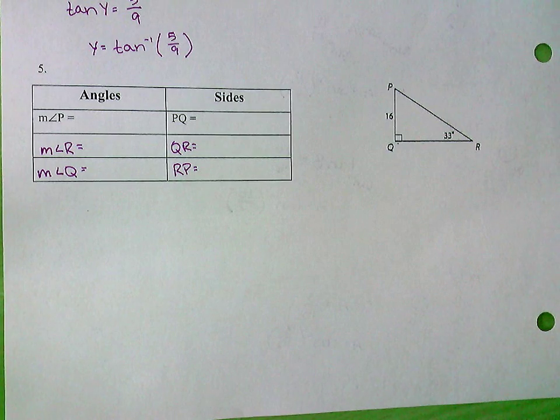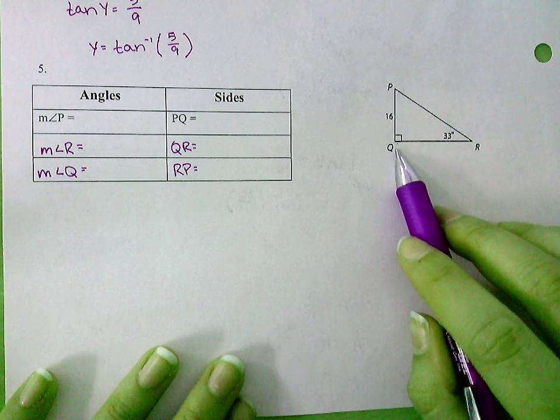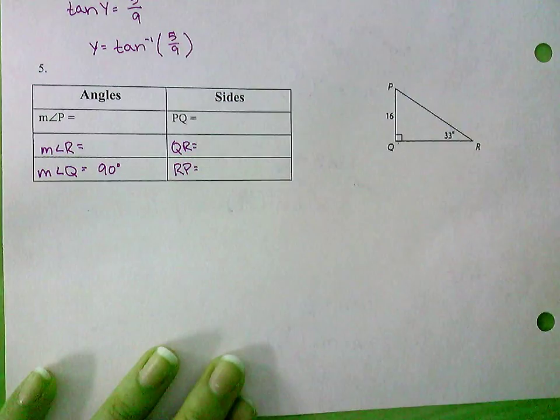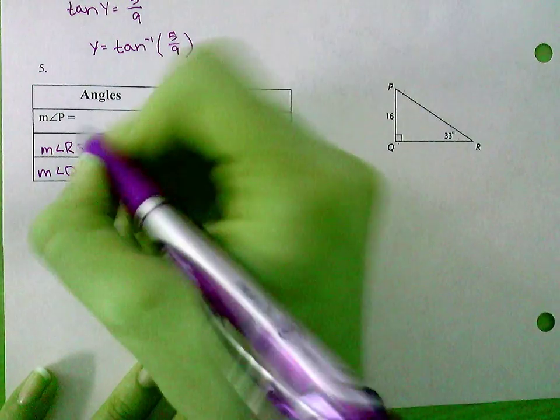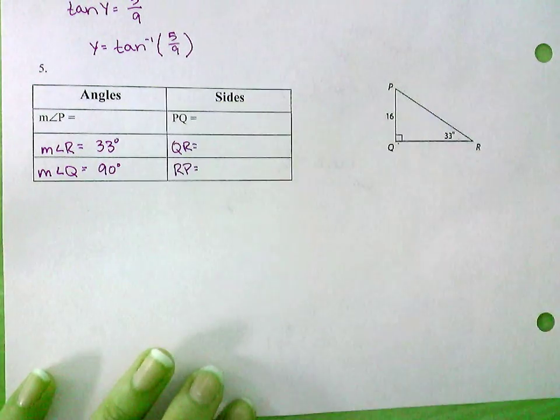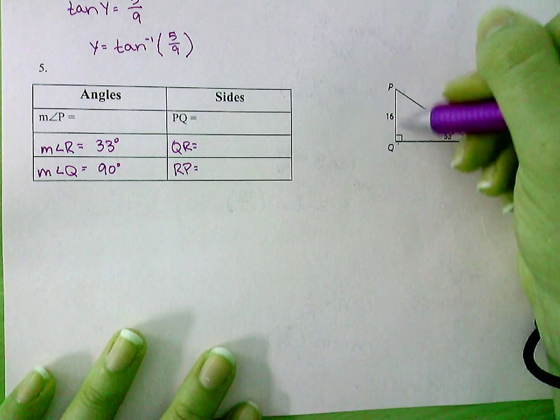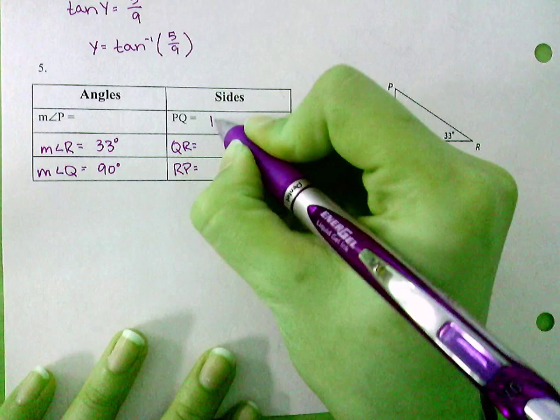Now I want to go through that table and put in what I already know. I know angle Q is 90. I know angle R is 33. And I know side PQ is 16.